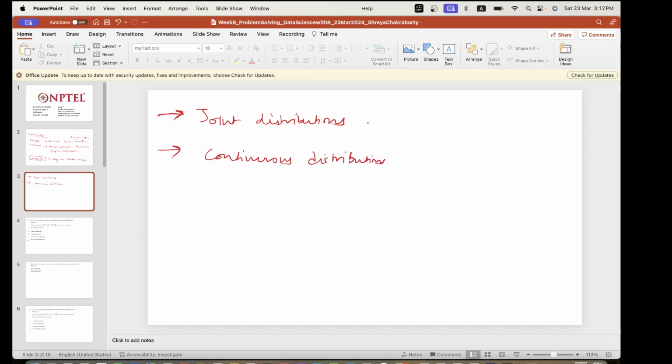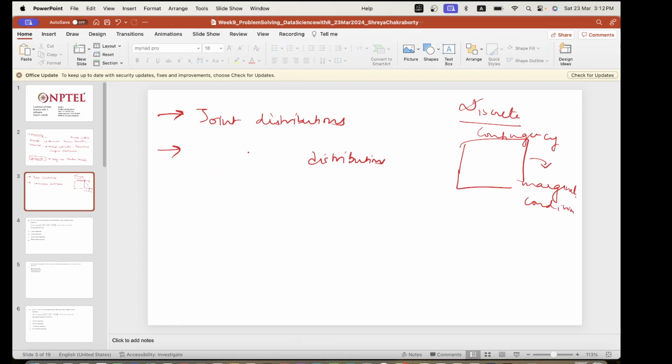For discrete setups, we created the contingency tables, and from them we could get the marginals and the conditional distributions and so on.